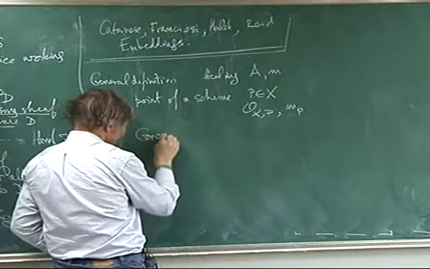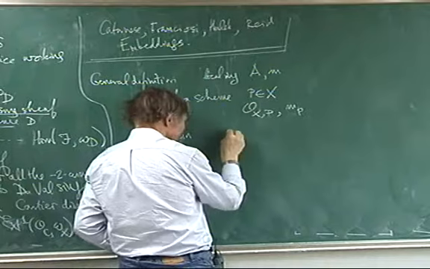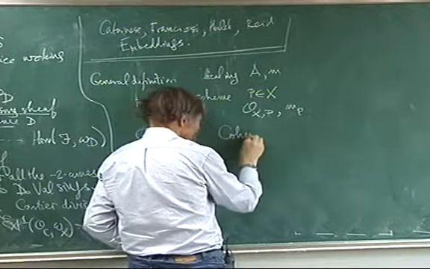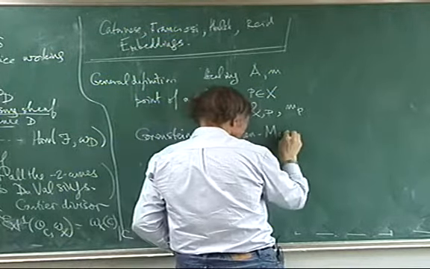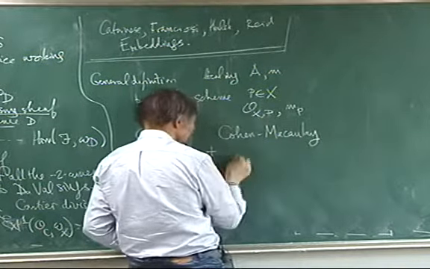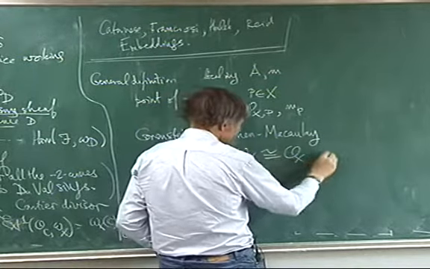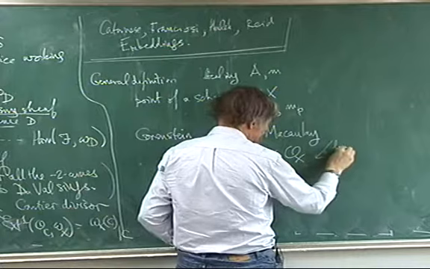Gorenstein is the statement that first it's Cohen-Macaulay, which I have to explain, plus omega X locally isomorphic to OX. So this is, I mean, locally.